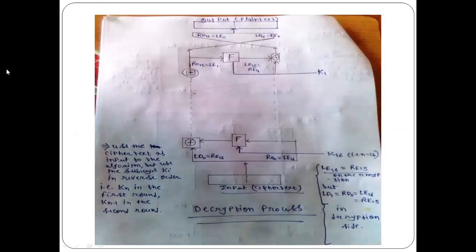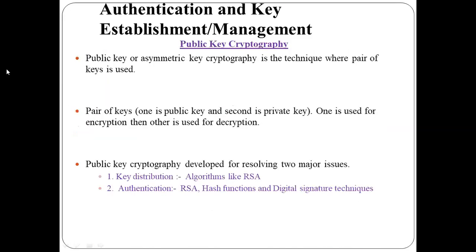After generating the ciphertext, we will see the decryption process. In the decryption process we do the same thing, just use the keys in reverse order. As we have seen, at the end of the encryption process there is the ciphertext.